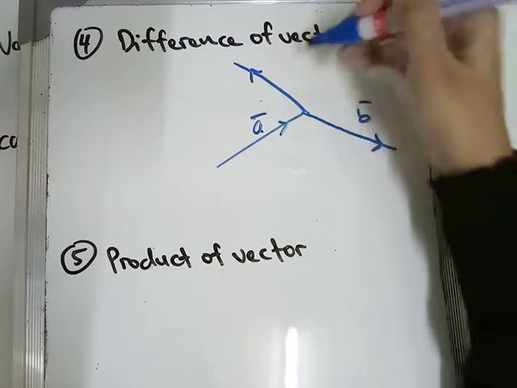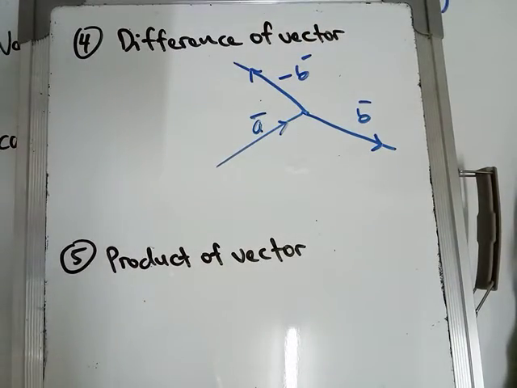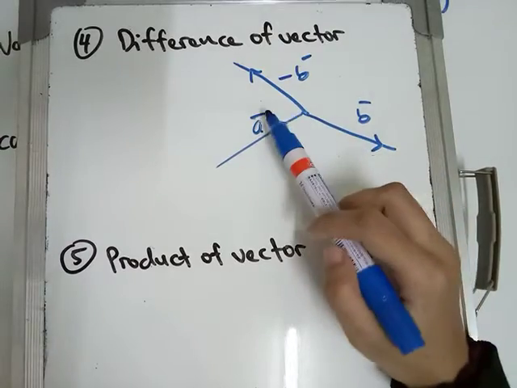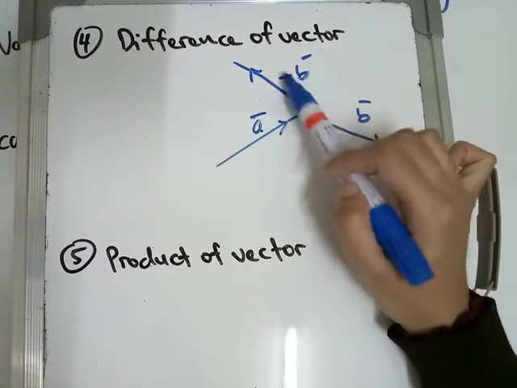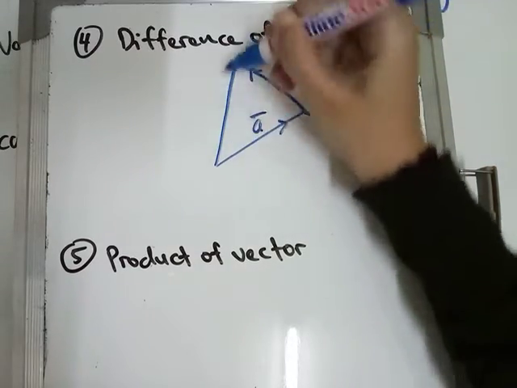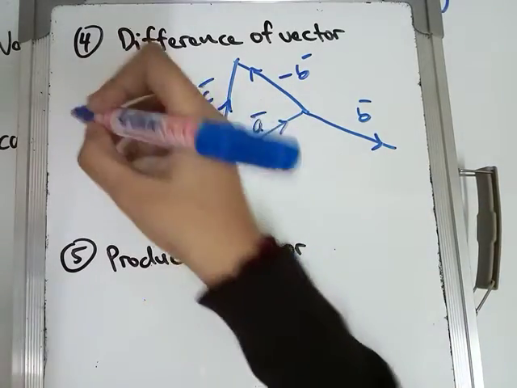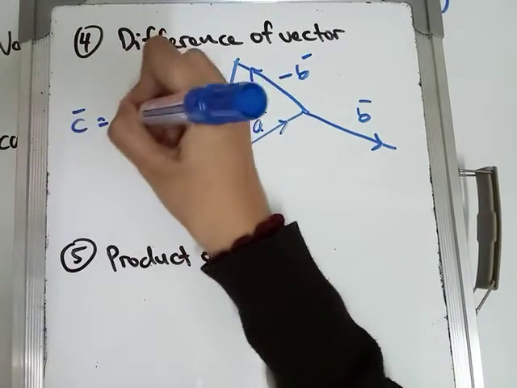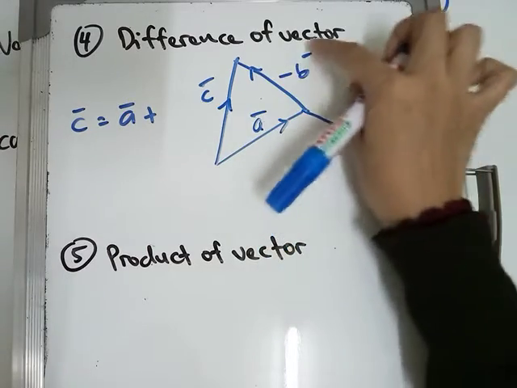When it's different direction, that means negative vector B. So we can add these two vectors, vector A and negative vector B, joining them to make a vector C here. So vector C is equal to vector A plus negative vector B.